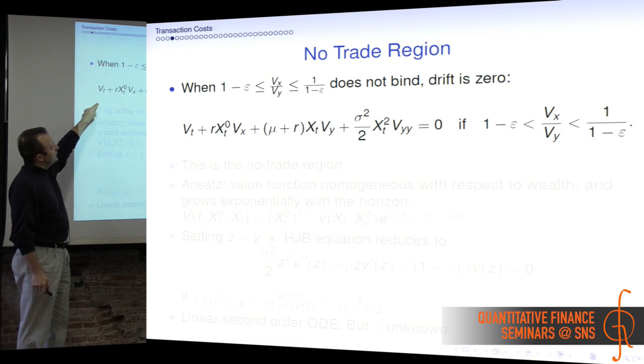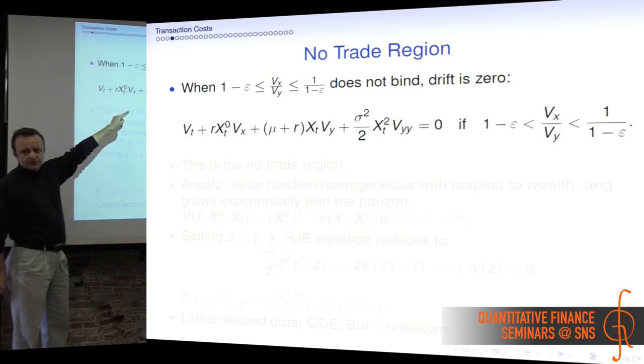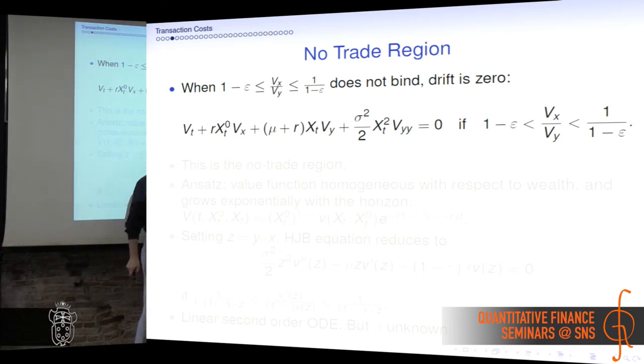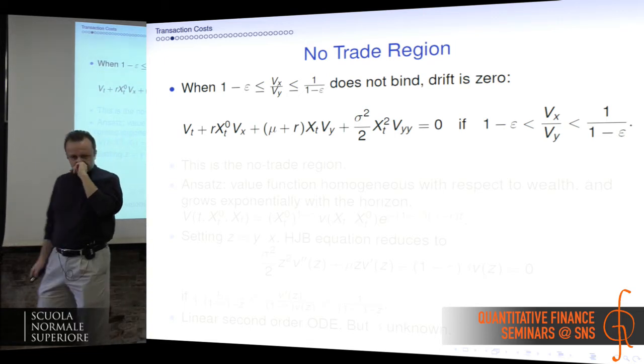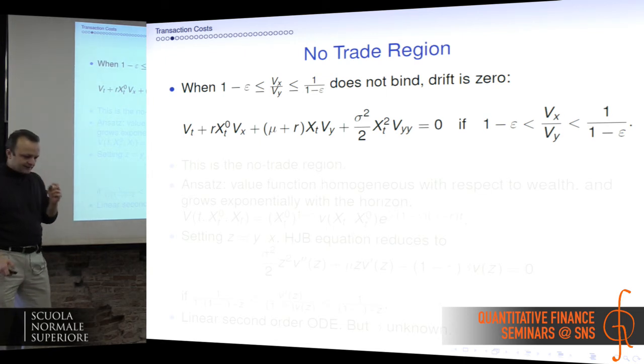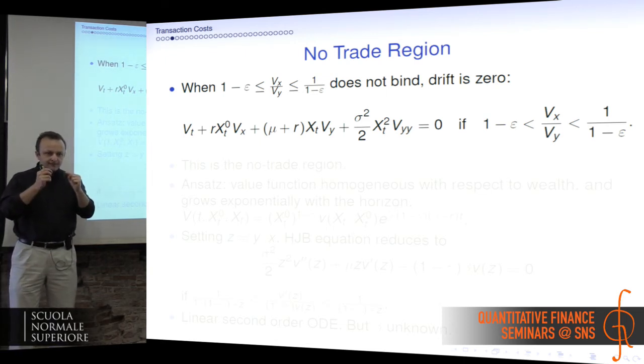What you want is the old-fashioned HJB equation. Okay? But this is an HJB equation in which there is no sup. Okay? Why is there no sup? Because when you are here, it means that if you buy, what you gain by buying is less than what you lose by trading.